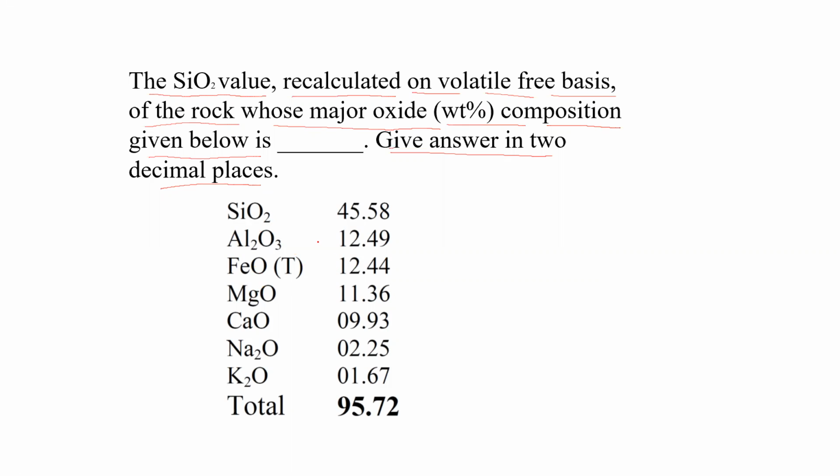So you have to calculate the SiO2 percentage. Originally it was 100%, but 4.28% was volatile, so that has been removed from the composition. So now you will have to calculate for this. Can anyone solve this question?